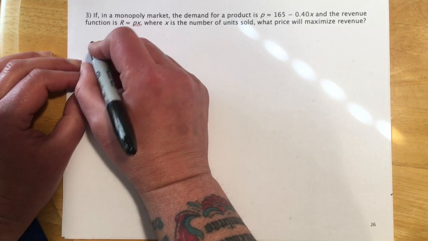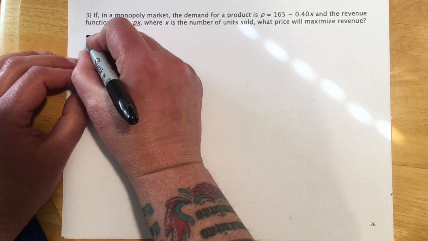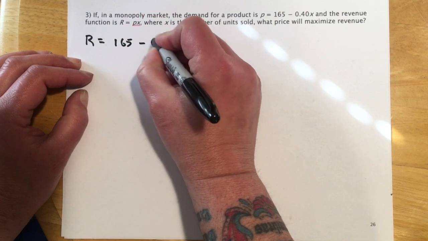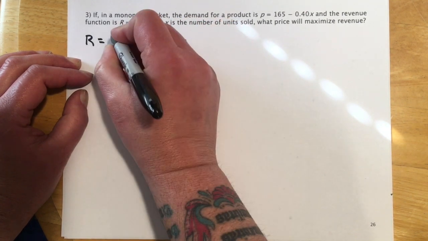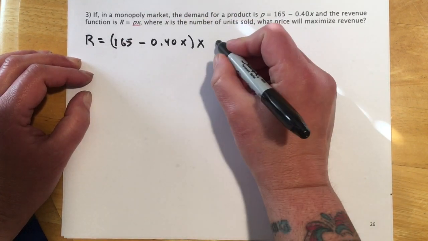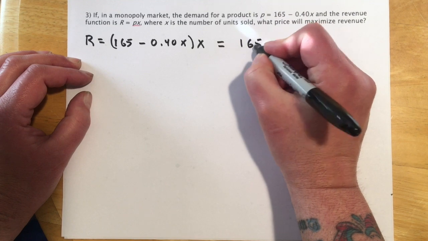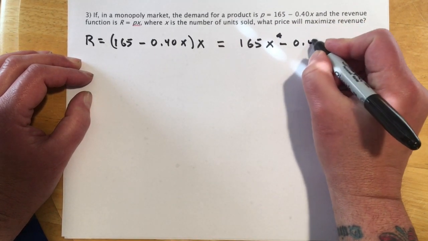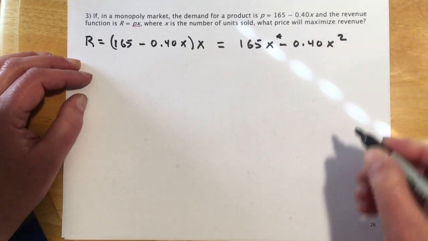So we have R equals P, which is the 165 minus 0.4x, times x. And then multiplying that through, I'm going to get 165x, just plain x, minus 0.40x squared.